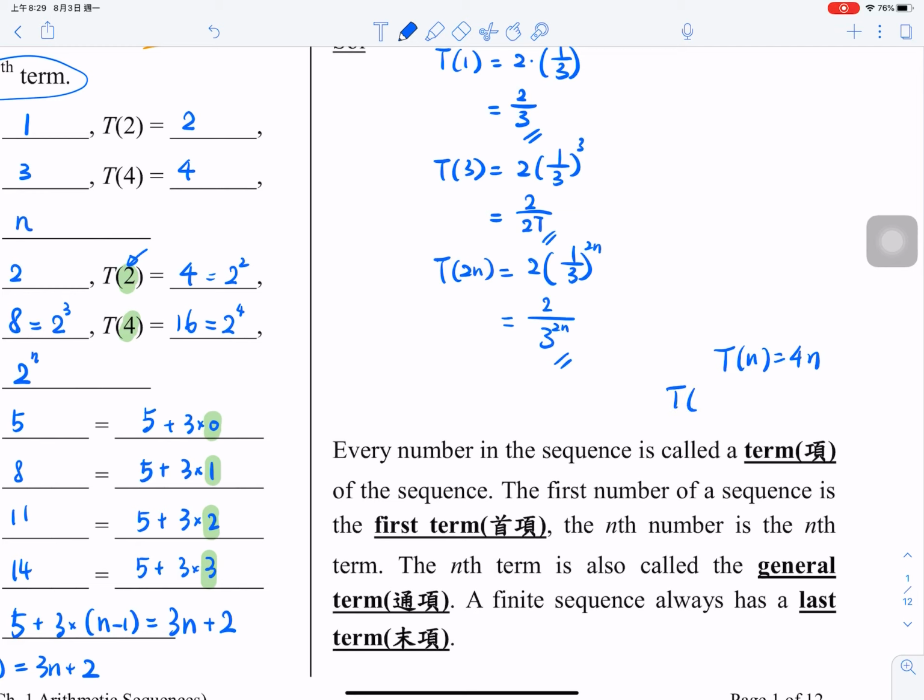So T100, that means this one is 400, right? If T400, that means the 400th term, you also can find from the general term. So this one is 1,600, the 400th term. Understand?